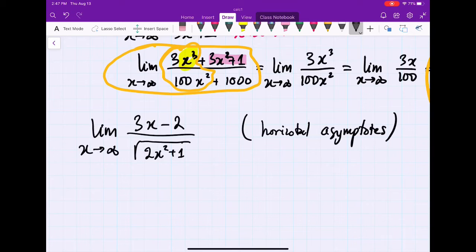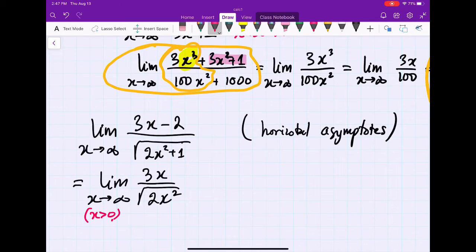So we use similarity. I write this limit is just 3x over square root of 2x squared, x approaches infinity. I already ignore -2 and 1, but we still need to work with square root of 2x squared. X approaches infinity. Positive infinity means x bigger than 0.